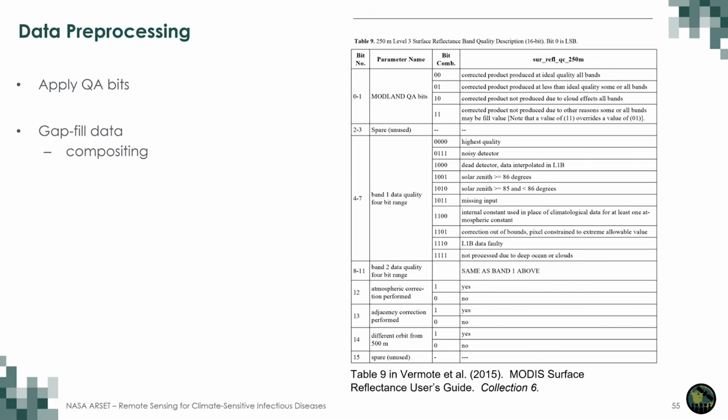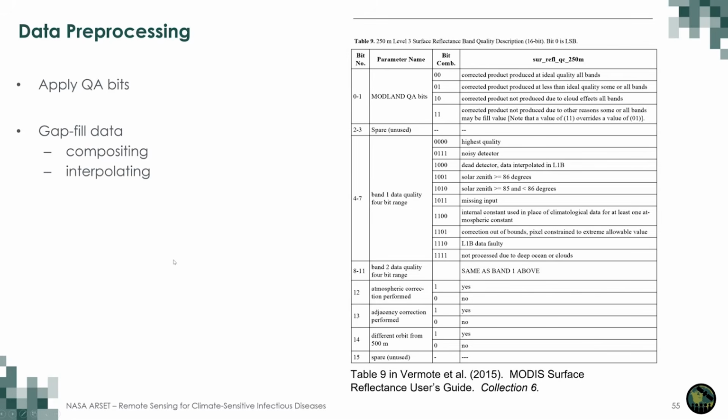But one of the common ones is compositing: taking observations from multiple data sources and putting them together to see if you can get a yearly composite out of the entire year's worth of data. A very common way is using maximum NDVI to composite vegetation data. There are other approaches, and again, there is a whole range of those.